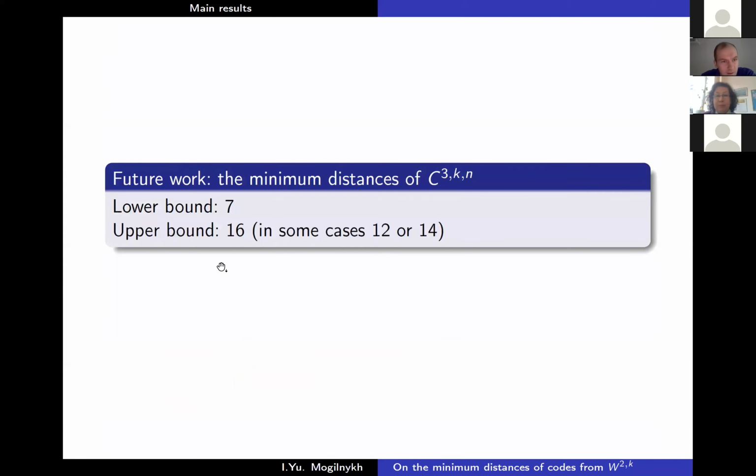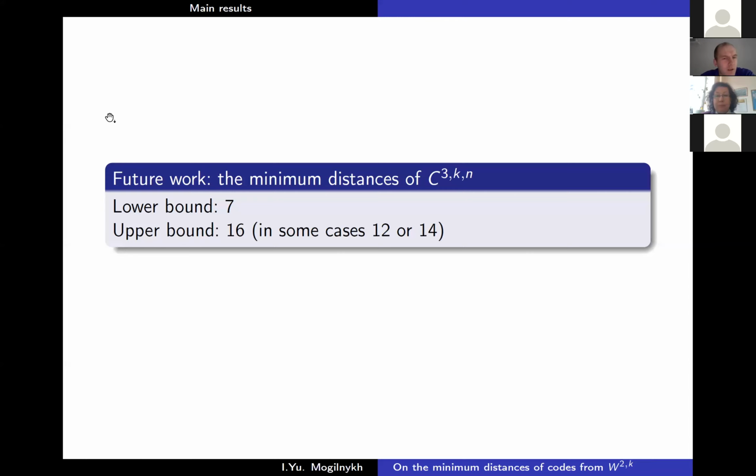And here we believe that it will be close to 12, 14, or 16, depending on K. As far as approaches, we believe that integer linear programming should work for this case.